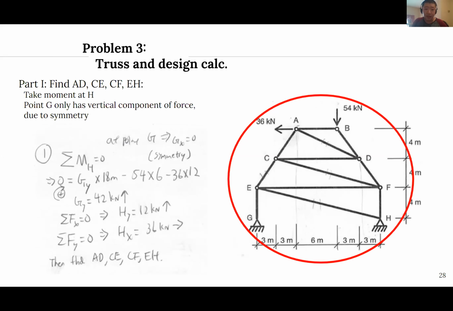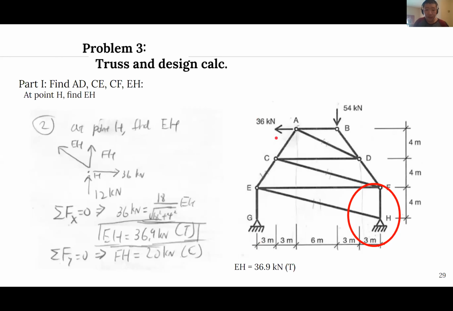And then afterwards, by taking the sum of all forces horizontal and vertical and equating it to 0, you would find that HY is 12 kilonewtons going up, and HX is 36 kilonewtons going right. Firstly, looking at point H, you want to find out what specifically member EH is.